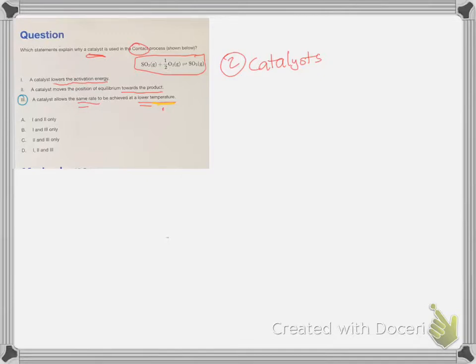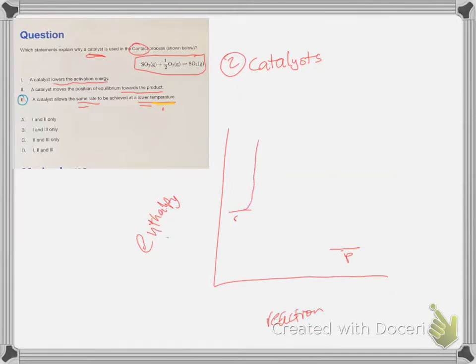And now we can also see that in the graph of enthalpy versus the reaction. As I drew earlier in the beginning of the video, of the exothermic reaction, we're going to have reactants here, products here, and that's the activation energy of the uncatalyzed reaction.